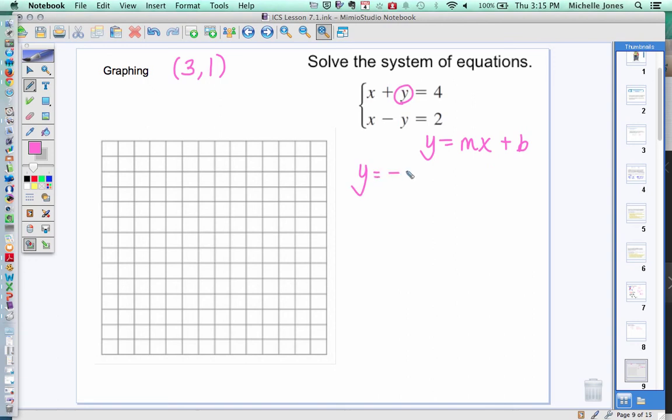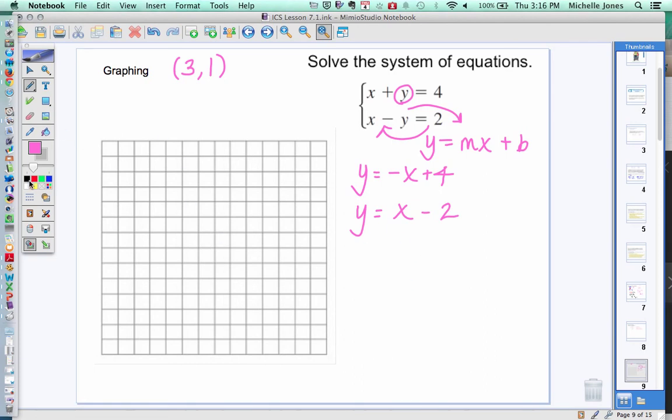So you want to get y by itself. So you subtract x from both sides. So this is your first equation. Your second equation is a little trickier because you've got that negative y. So let's move that to this side to make it positive, and we'll subtract 2 from both sides. So we get y equals x minus 2 as your second equation.